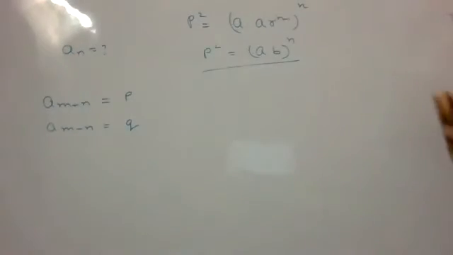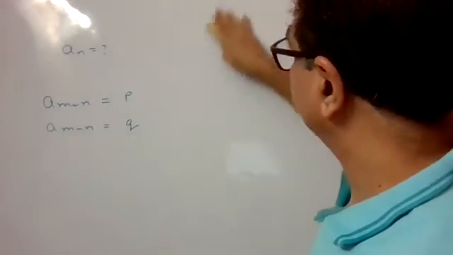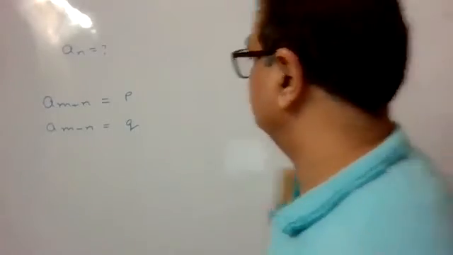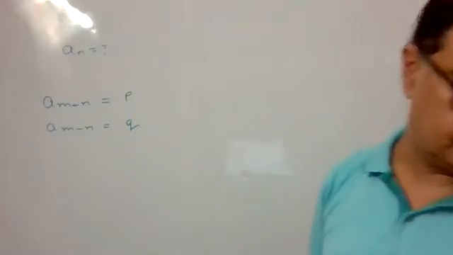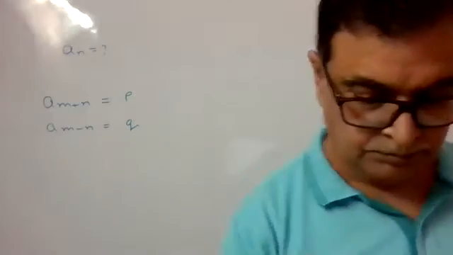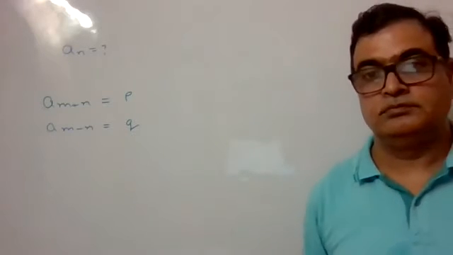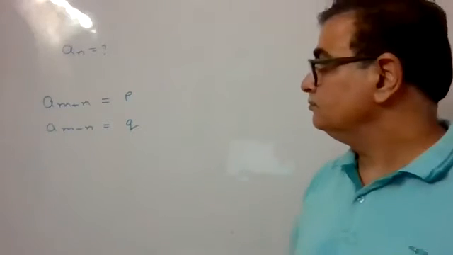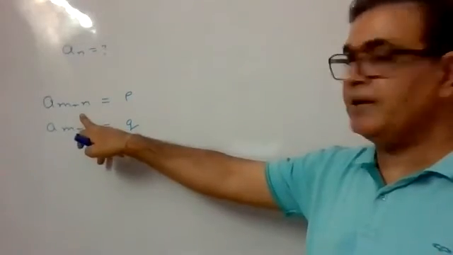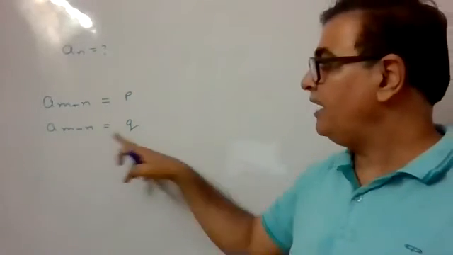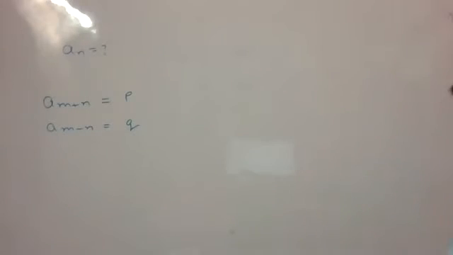What should be its nth term we want? The m plus nth term is P, the m minus nth term is Q, then we should find out what is the nth term.